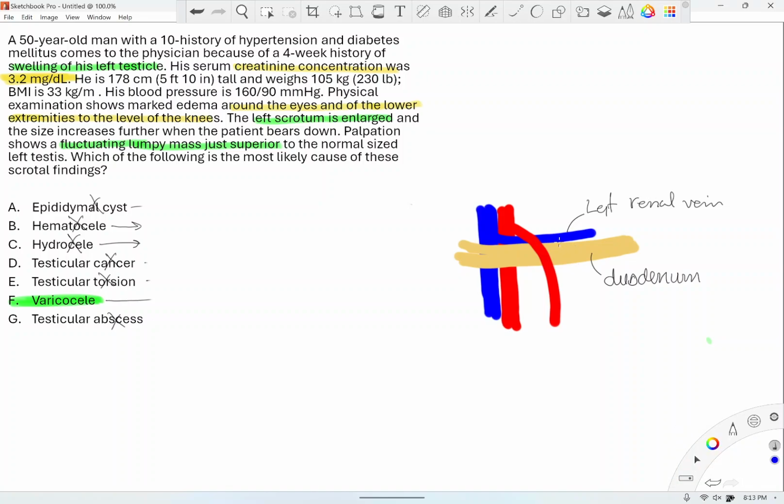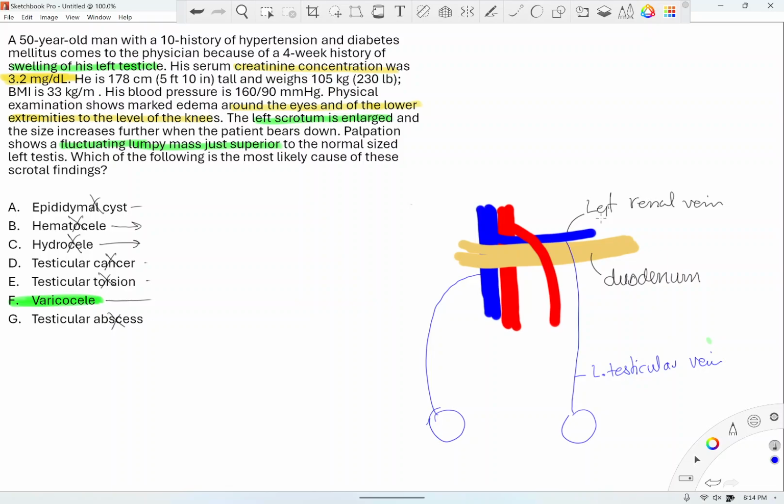So there will be the left testicular vein. It comes from the testes. The right testicular vein comes from the testes and drains directly into the vena cava, whereas the left one goes into the left renal vein.